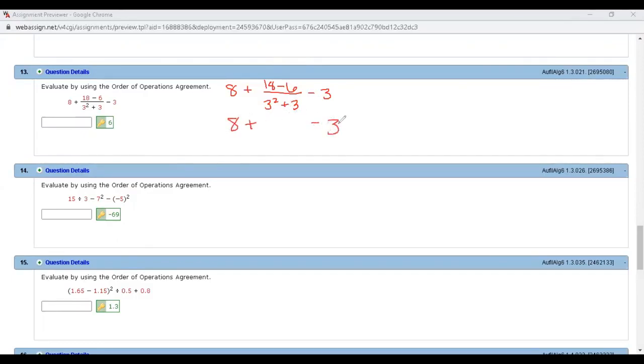So the 8 and the -3, well, that's good. We know how to work with that, but we need to simplify this a little bit. So in this numerator, we have 18 minus 6. So you can figure that out. Then in the denominator, we have 3 squared. So that needs to be figured out, which is, of course, 9. Then we add the 3.